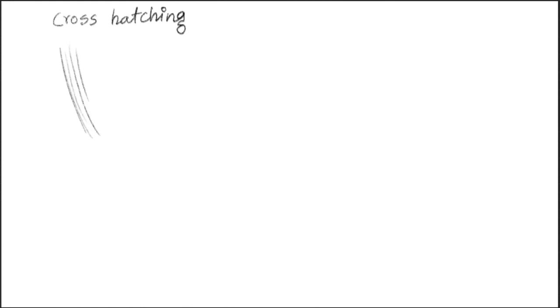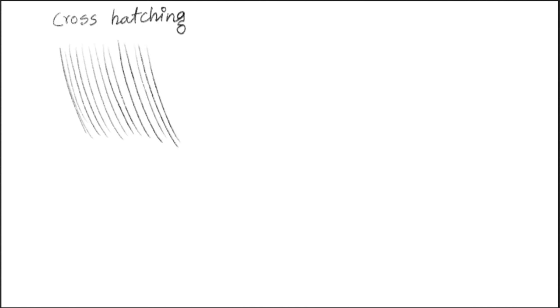Now in cross hatching, what we do is we make lines in different directions. Like I'm making these lines coming from up to down, and I'm going to make different lines which are coming from up to down but from a different direction.